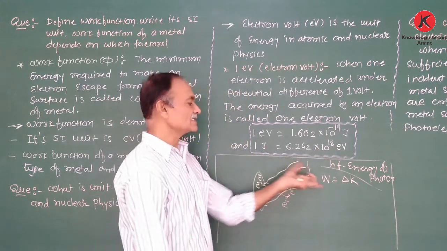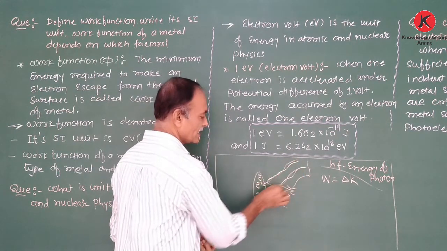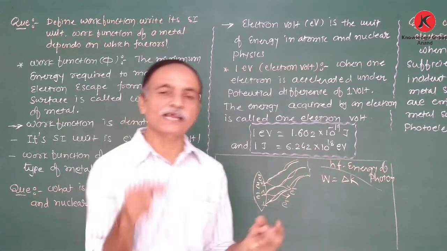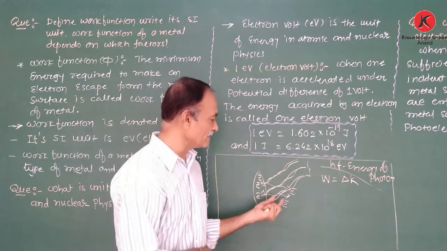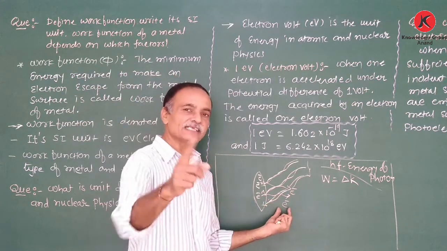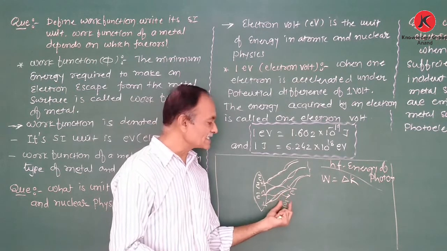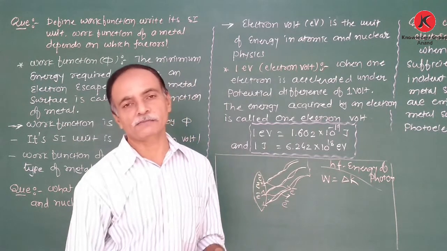That means a number of photons are incident on the metallic surface with energy hf. Therefore, energy is given to the metallic surface, and this energy is gained by the electron. When the energy of the electron is much more than the binding energy, the electrons are emitted.